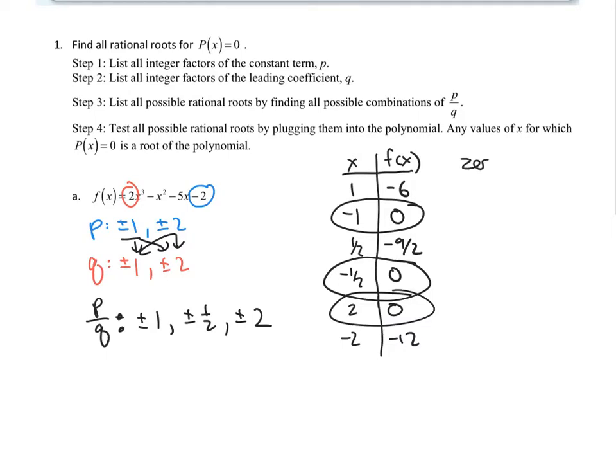If the zeros of this polynomial are negative 1, negative 1/2, and 2, I could find the corresponding factors. They will be x plus 1, x plus 1/2, and x minus 2. If I want, I could write this polynomial in factored form.